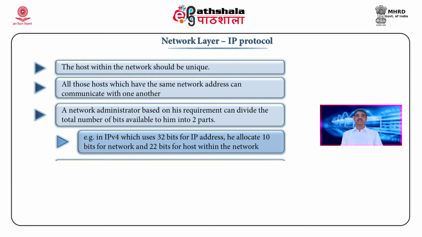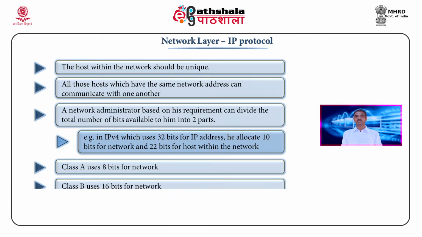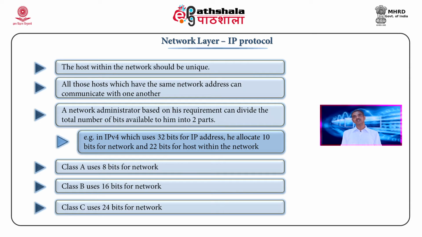So, we have class A IP addresses where we use only the initial 8 bits for the network and 24 bits for the host part, or we have class B where we use 16 bits for the network part and 16 bits for the host within the network, or it could be class C where we use 24 bits for the network and 8 bits for the host within the network. Now, otherwise, the network administrator can decide whatever number of bits he wants.